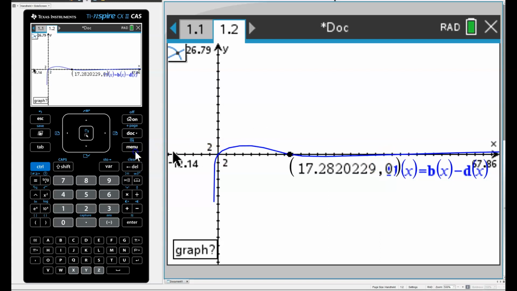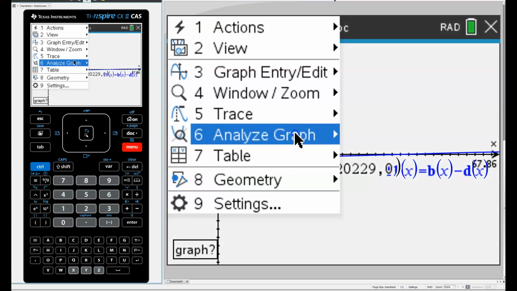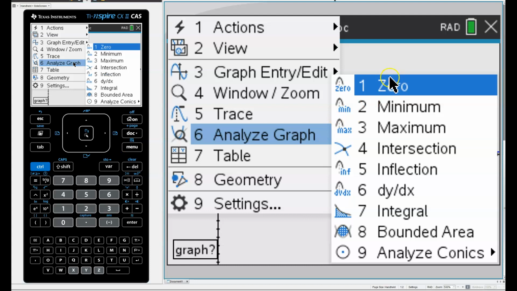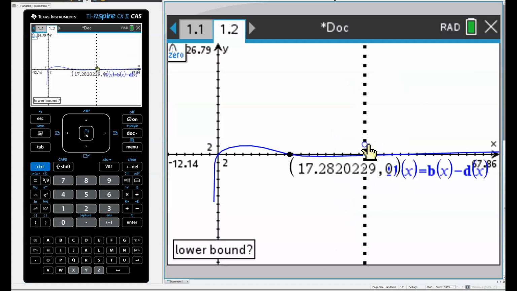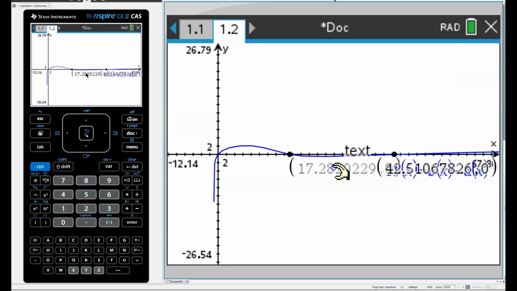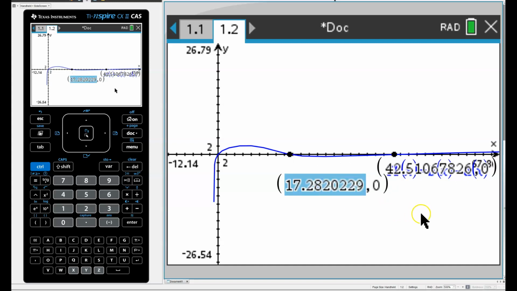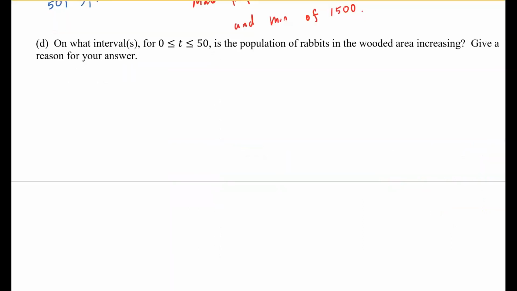Menu, analyze graph, 0. It's going to be 42 point, yeah. Okay, so I already found this. Okay, so when is the population increasing? Well, from 0 to 17.282 and 42.511 to 50.